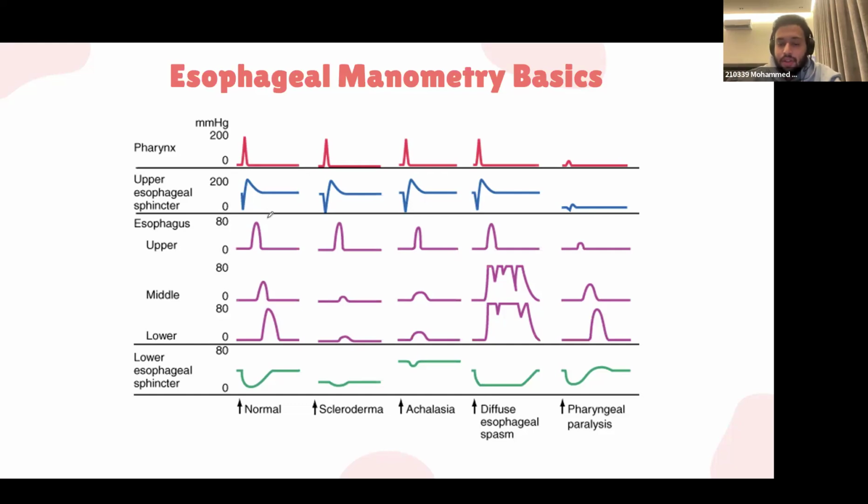The upper esophagus contracts and relaxes. Middle contracts, relaxes. Lower, and so on. Then you go into the lower esophageal sphincter, which will transiently relax, okay? If you look at the pressure of the lower esophageal sphincter, the resting pressure is high. This is to prevent any reflux from happening. It transiently relaxes to allow the food to move through.